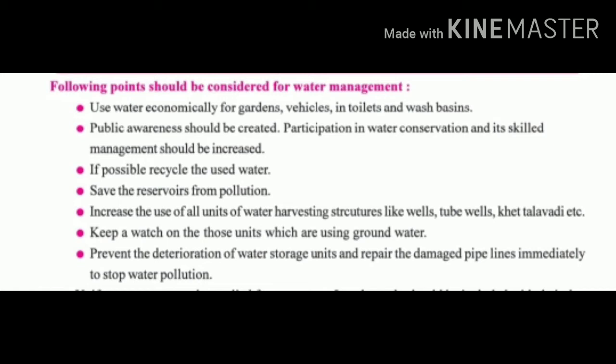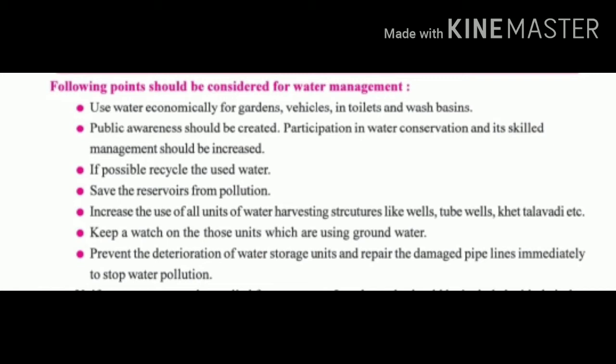Besides agriculture, water is used in industries in uncontrolled quantity. The main source of water pollution is polluted water from domestic uses and industries. So, we have to think about it. It's a very large water crisis.